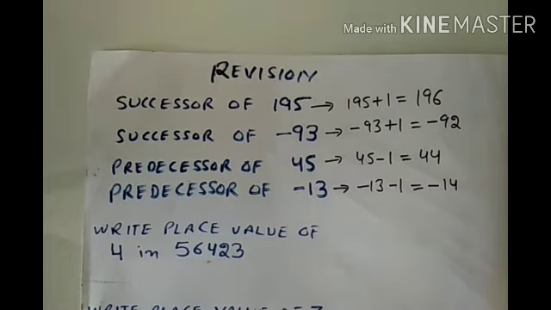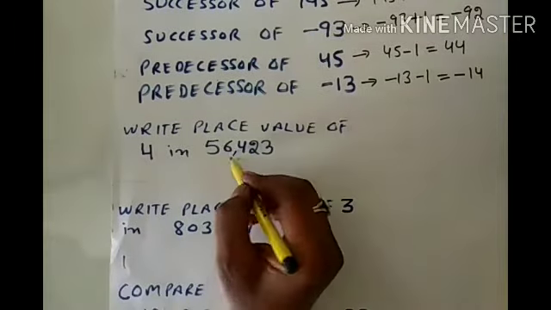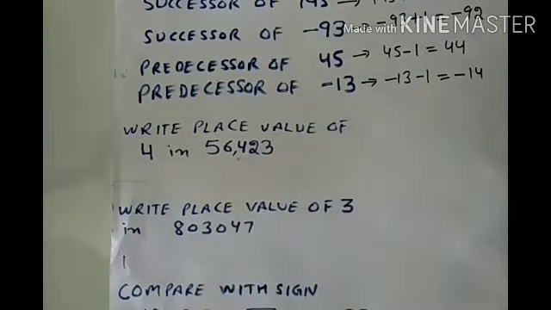Now, we have to write the place value of 4 in 56,423. In order to find the place value, we just have to notice how many digits are there after that particular digit, that is 4.